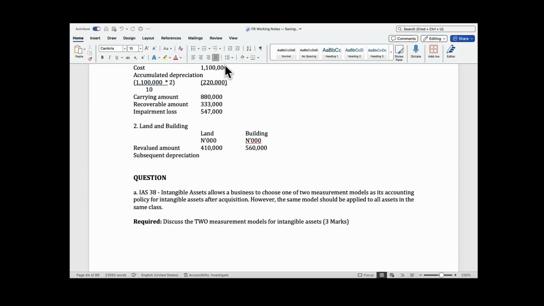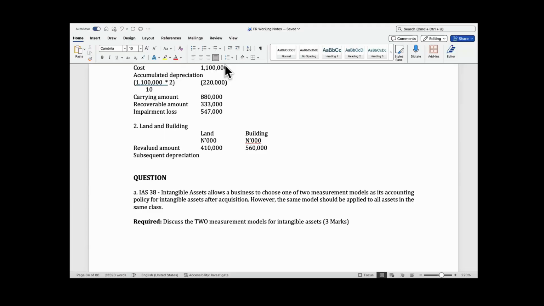Land is not being depreciated because we can't determine its useful life. Fantastic. That's absolutely correct. Because we can't estimate its useful life.